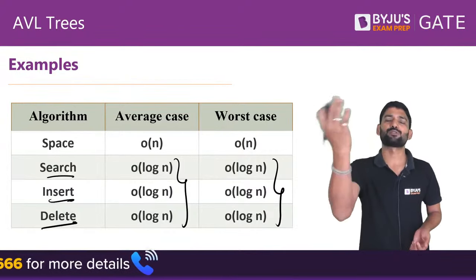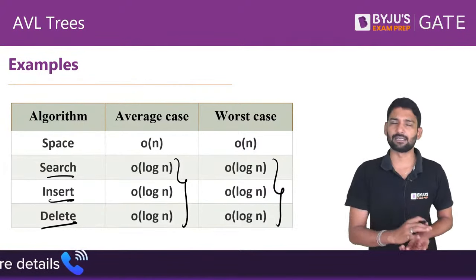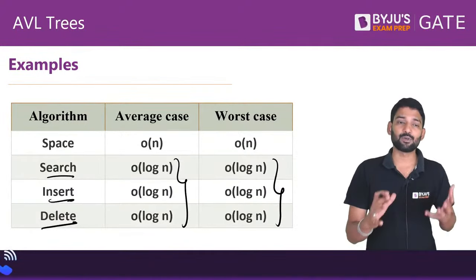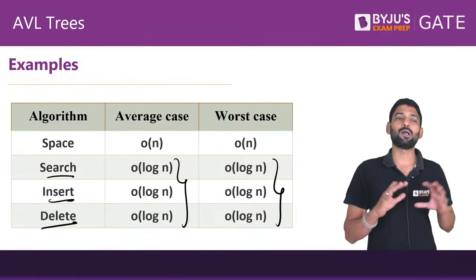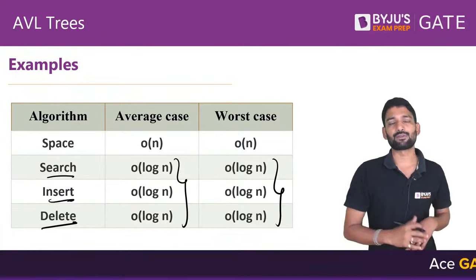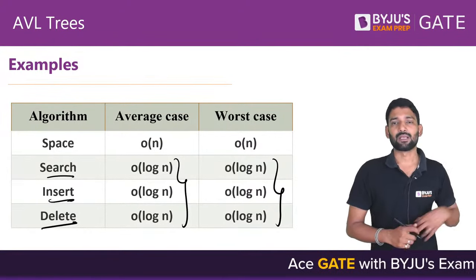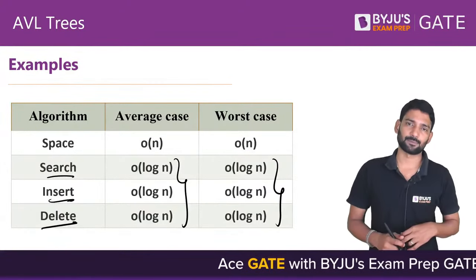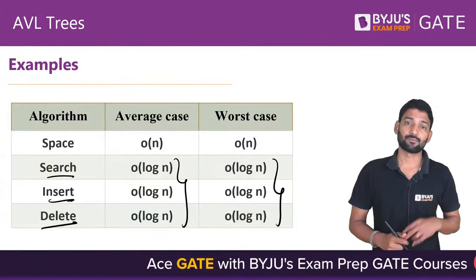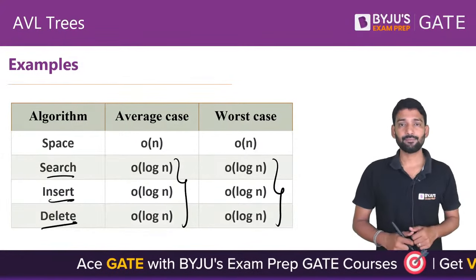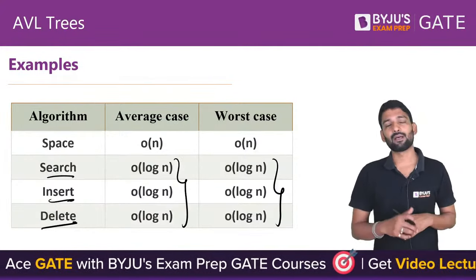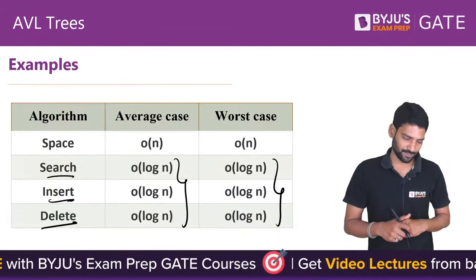Of course, the space complexity for n nodes is n. AVL tree takes logarithmic time complexity for all operations irrespective of the insertion order, but BST takes n. That's why we have AVL trees.